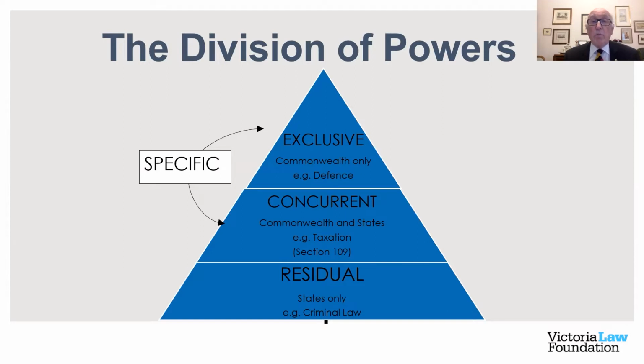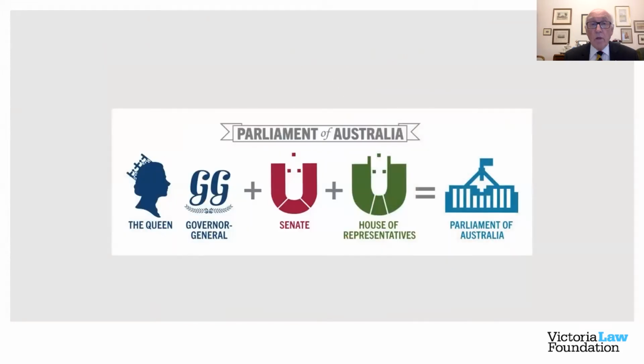Now, the Constitution, apart from the division of powers, also sets out the structure of the Commonwealth Parliament, as the next slide will show you. Here we have an illustration of the Parliament of Australia, the way it is structured. There is the Queen, who is represented, of course, by the Governor-General. And this is all specified in the Constitution itself.